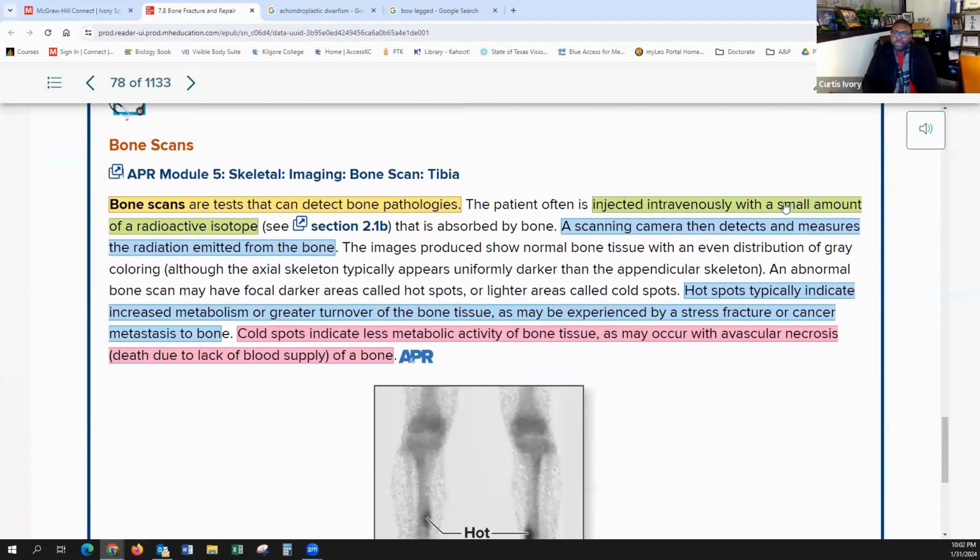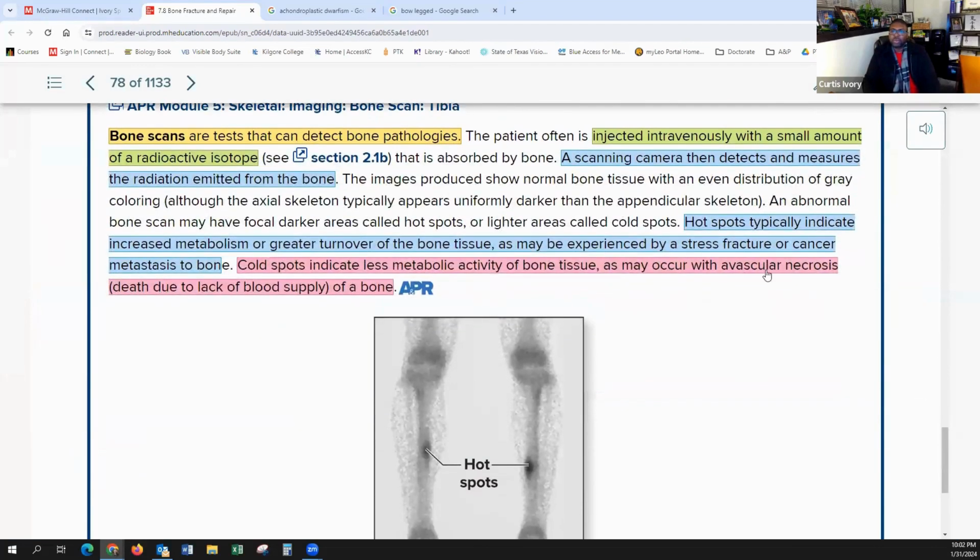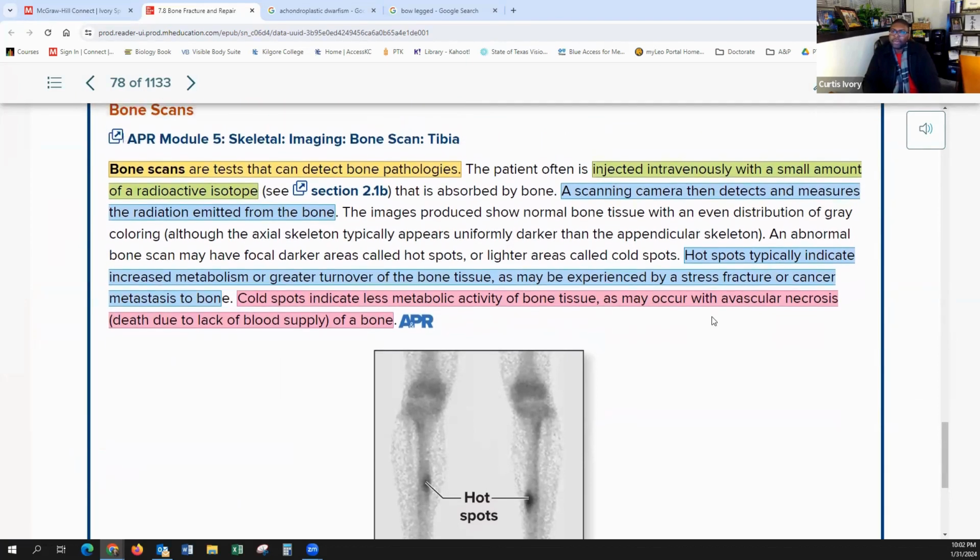So we have bone scans, which is another method that we can use to test for pathologies in the bone. Essentially, we're going to give you a radioactive isotope, which takes us back to chapter 2, I believe. Remember, isotopes are atoms of elements that have different numbers of neutrons, just like carbon-12 and carbon-14.